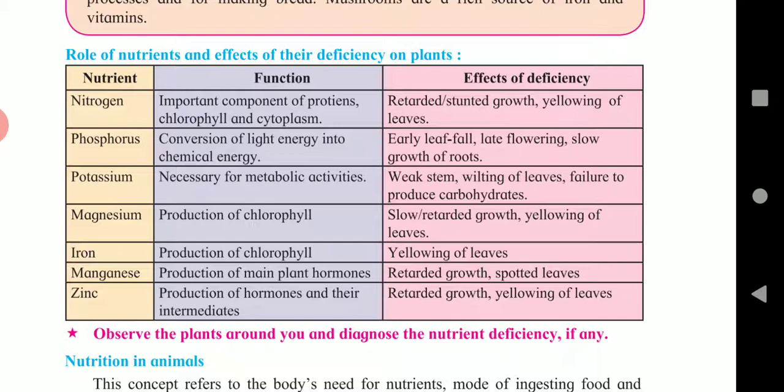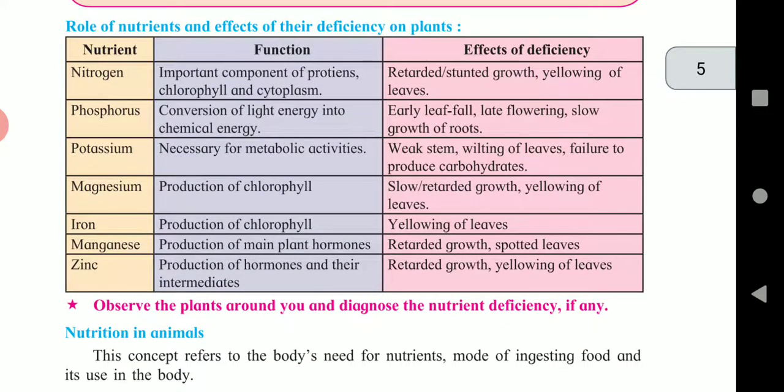Next one, magnesium. It helps in production of chlorophyll. Due to its deficiency, slow and retarded growth and yellowing of leaves are seen in plants. Next one, iron. It helps in production of chlorophyll. Its deficiency results in yellowing of plant leaves.